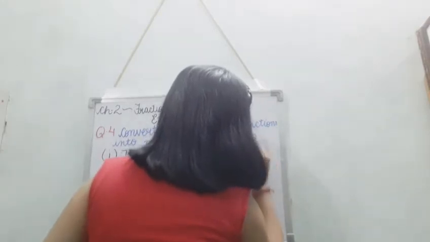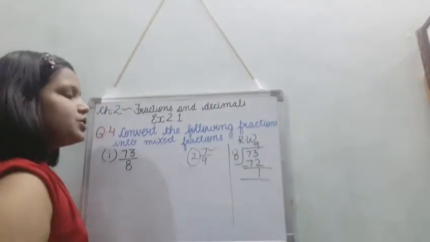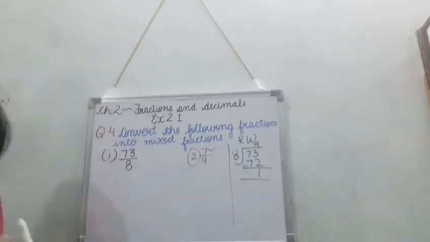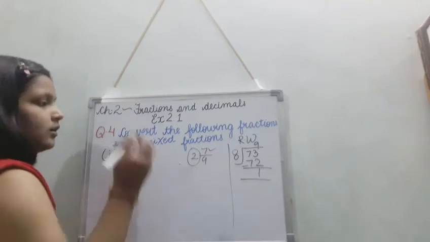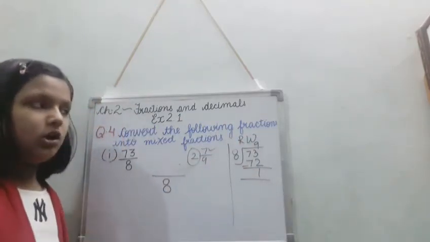Okay, and when we solve it, we get 9 as the quotient and 1 as the remainder. So now you have to understand where to write what. Firstly, you will write 8 as the denominator, we all know.